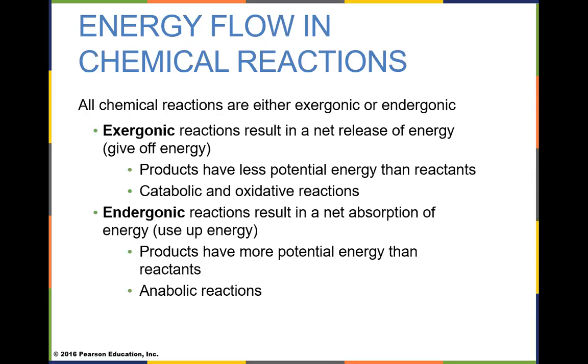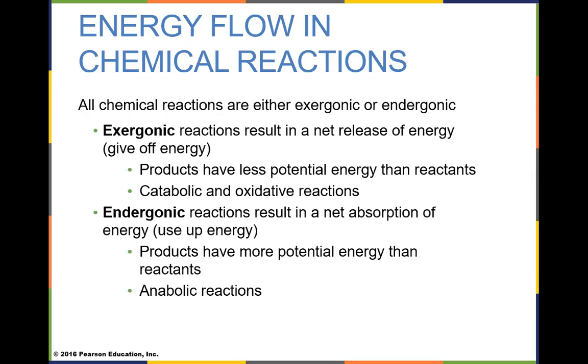Endergonic reactions absorb energy. They use energy to build, for chemical reactions to occur. The product ends up having more potential energy, like baking the cake. Baking the cake is an endergonic reaction, because you're taking all those electrons from all those different molecules and combining them into one product, and it has a higher calorie content, a higher energy content than you started with.